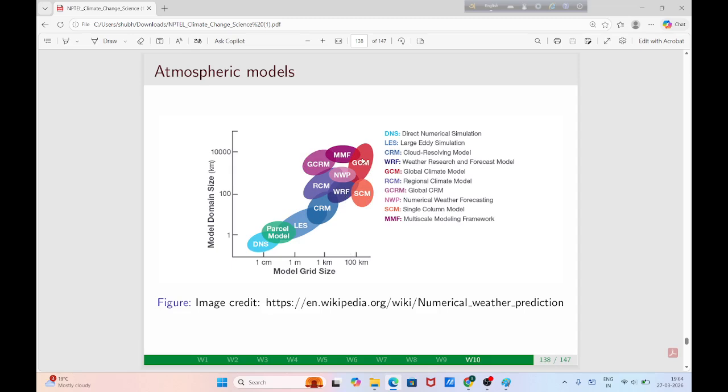And the coarsest model grid size is for the GCM, global climate model, and it has the domain size of the whole earth. So that is the purpose of this. They can predict the overall trend of the earth, the climate scenario of the earth, but on individual scale, it will badly fail to understand the future conditions.